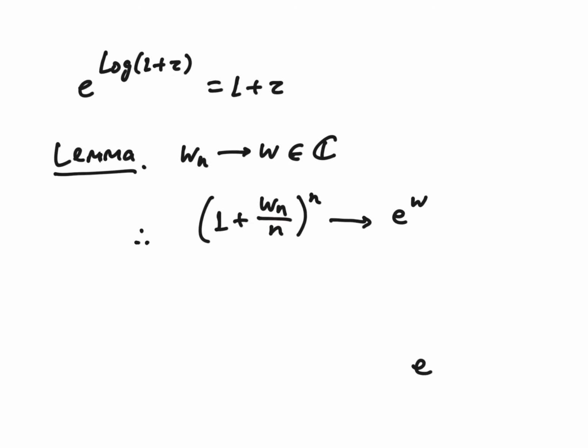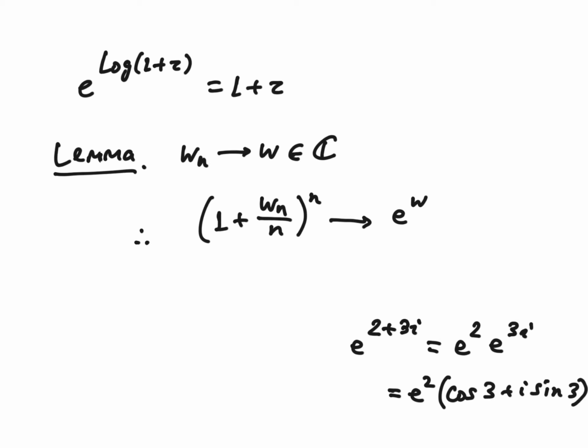I should emphasize, for instance, how would I do e to the power 2 plus 3i? Well, by the definition, it's e squared times e to the 3i. And then e to the 3i, by Euler's formula, is cos 3 plus i sine 3. So then you can just distribute the e squared, and so you see that the real part of the answer is e squared cos 3, and the imaginary part of the answer is e squared sine 3.